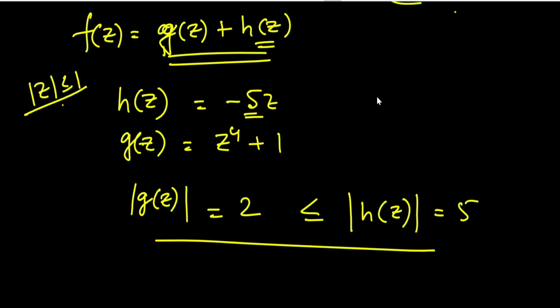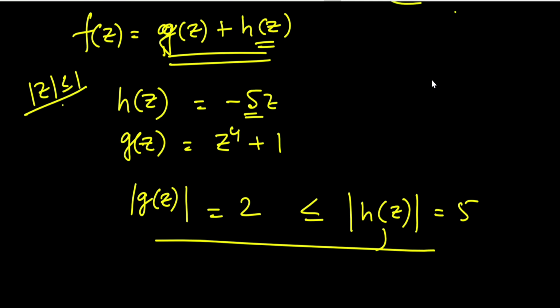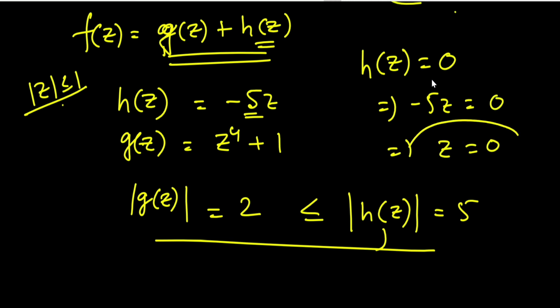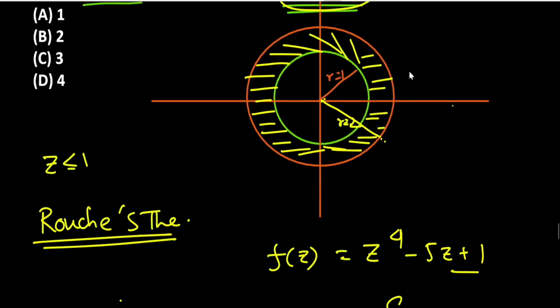So the zeros of h(z) and g(z) plus h(z) are the same. Now we put h(z) equal to 0, this gives minus 5z equal to 0, and this gives z equal to 0. Therefore 1 zero lies inside the circle mod z equal to 1.